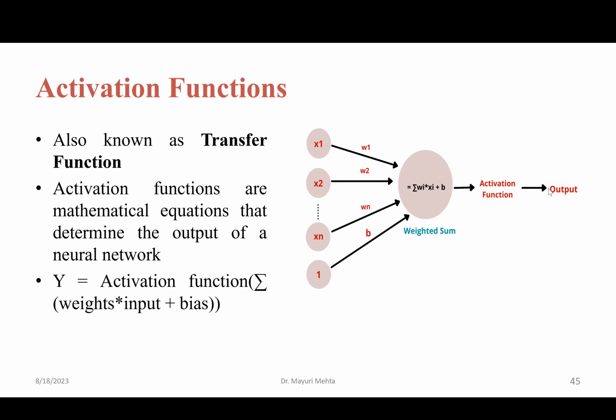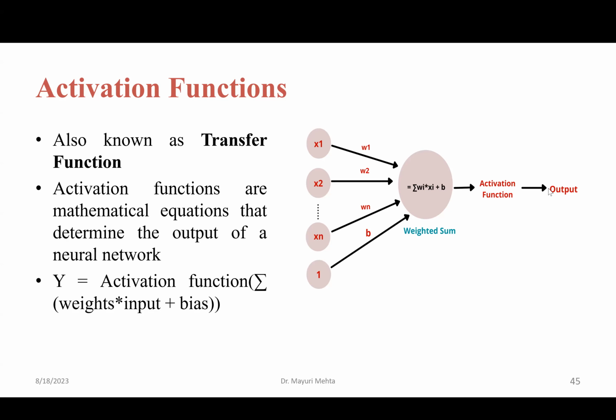If you can separate input samples, for example in two classes, by a line, then we can say that the input data is linear data. So activation functions convert linear input signals to non-linear output signals.